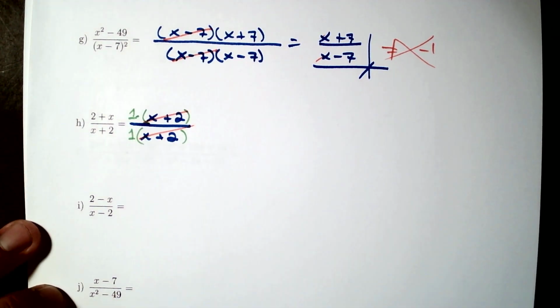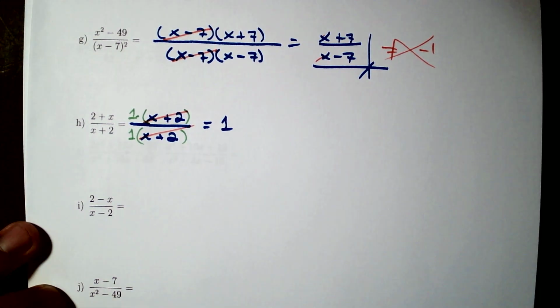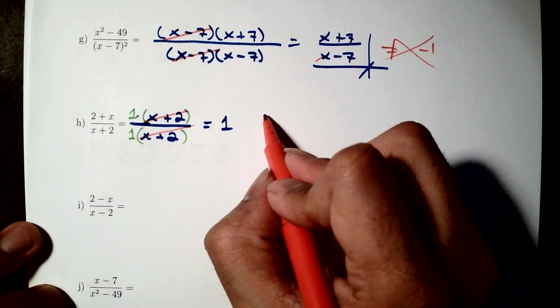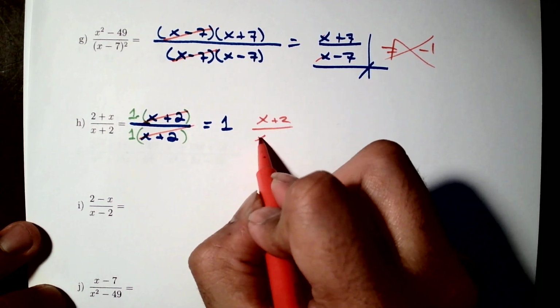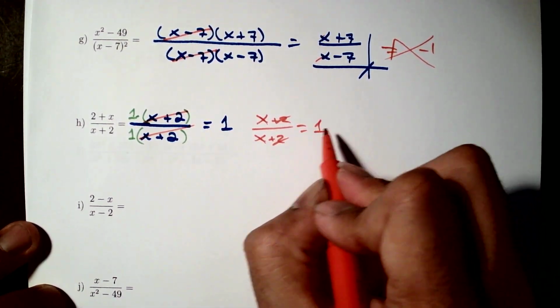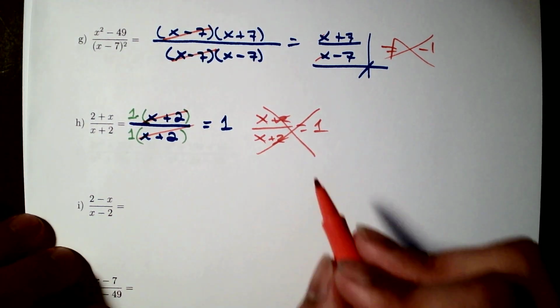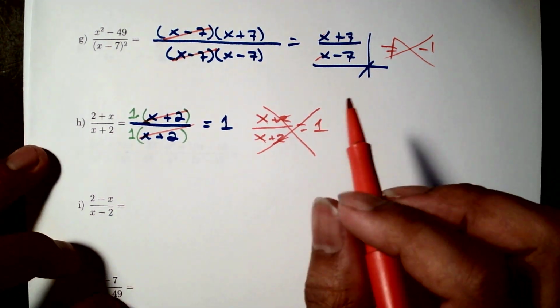So 1 over 1, final answer, equals 1. So this is not because x plus 2 over x plus 2, boom, boom, cancel, boom, boom, cancel. That equals 1. That's not the correct way to cancel this out. So even though you get the same answer, it's not the correct method.